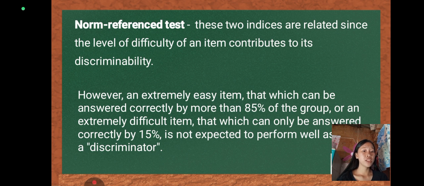Its purpose is to rank individuals and show where they stand relative to their peers. However, an extremely easy item which can be answered correctly by more than 85% of the students, or an extremely difficult item which can only be answered correctly by 15%, is not expected to perform well as a discriminator.